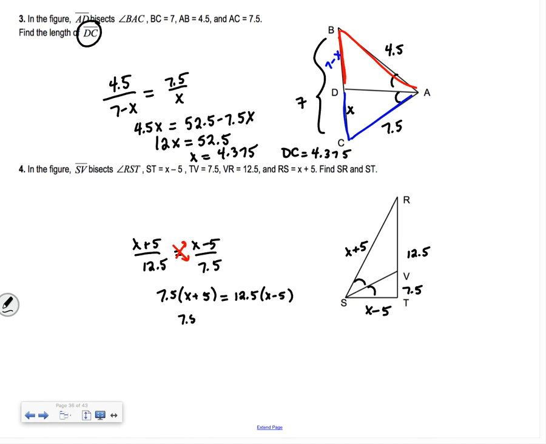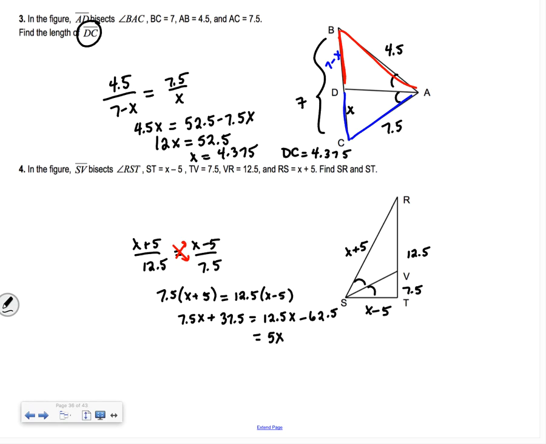And I distribute 7.5 times 5, so 37.5, equals 12.5x minus 62.5. And I get everything on one side, so if I subtract that 7.5x over, I get just plain 5x.